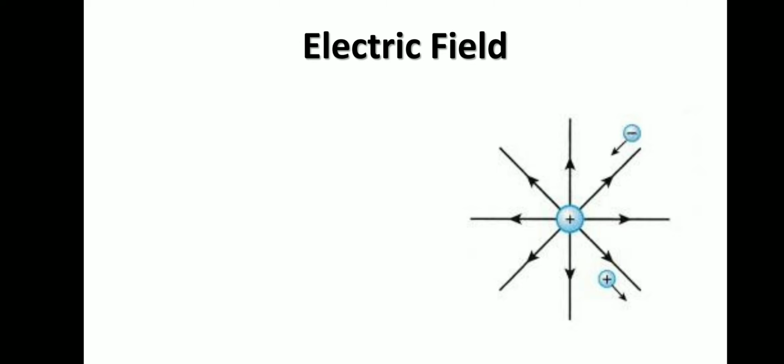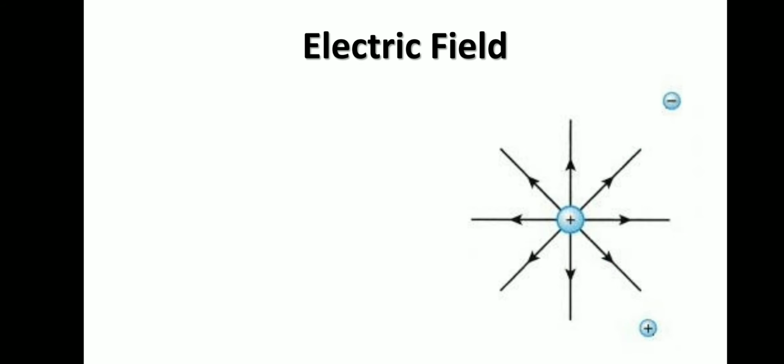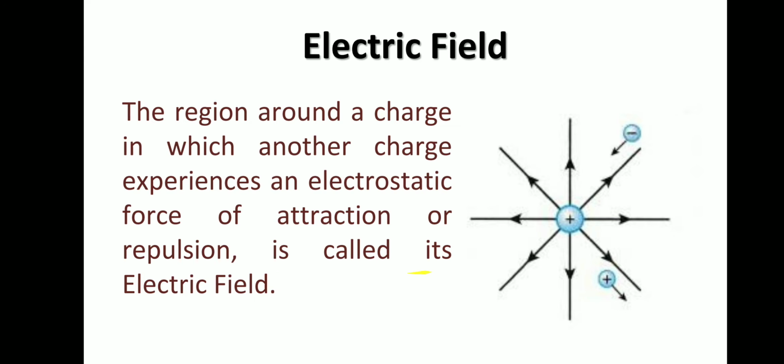So this region is termed as electric field. So we can say that the region around a charge in which another charge experiences an electrostatic force of attraction or repulsion is called its electric field.